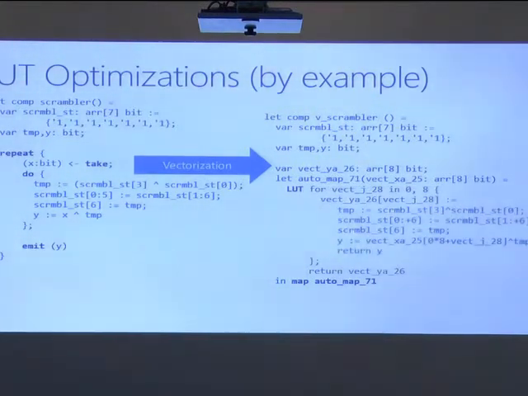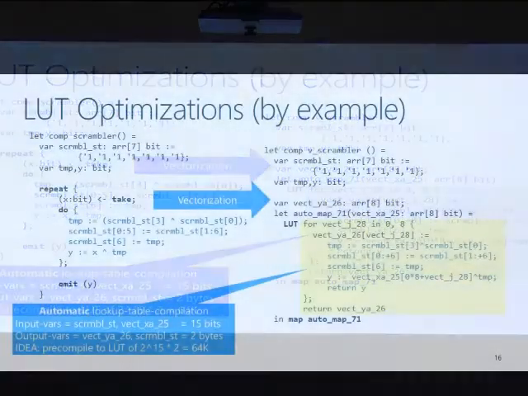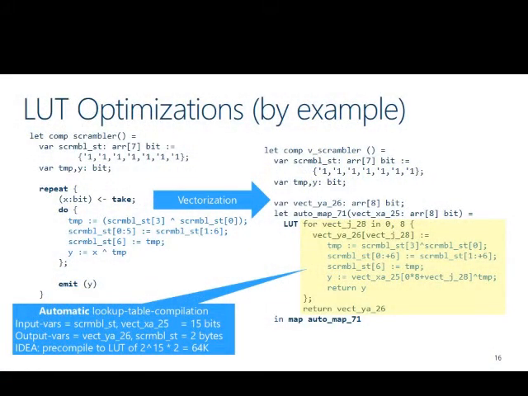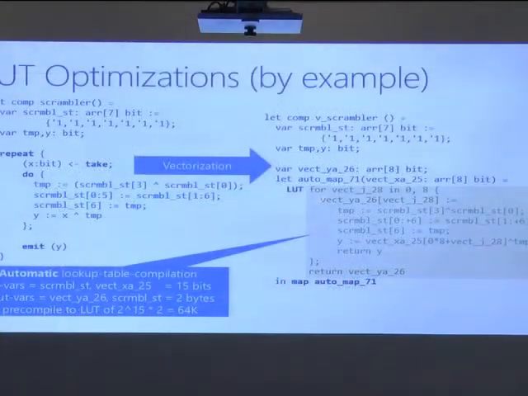So this code here is short enough that I can make a lookup table. This is the output of a compiler, which put this LUT here and decided it should be a lookup table. So how does it decide that? Look at this code. You have a variable that goes from 0 to 8, and then there's a vector of size 8 bits.